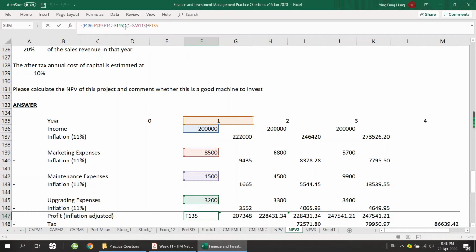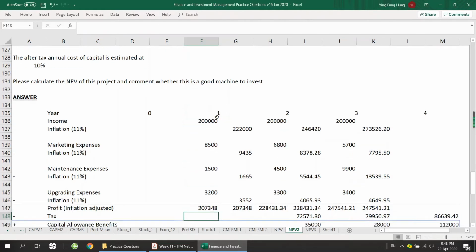So therefore, we have to multiply this by 1 plus the 11%, and then again raise to the first power because this is the first year. Then this should give us an answer of 207.348 thousand.